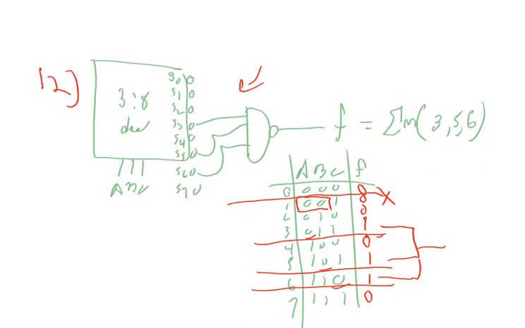Now, if you said to me, let's do it again, only this time we'll do it where 2 inputs have to be logical 0. We'll make a new function and we'll call it F1. And here we see 2 inputs are logical 0. And here we see 2 inputs are logical 0. And here we see 2 inputs are logical 0.